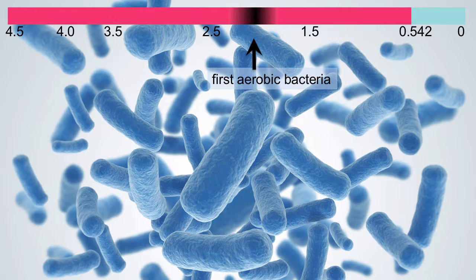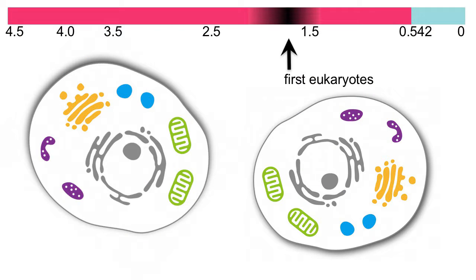In the meantime, aerobic bacteria evolved and were doing well in this newly oxygenated atmosphere. About 1.5 billion years ago, the first eukaryotes evolved. I hope that you remember from the first module that eukaryotes are organisms that have a nucleus and organelles and comprise the four kingdoms Protoctista, Animalia, Plantae, and Fungi.